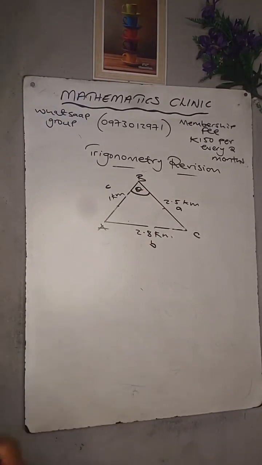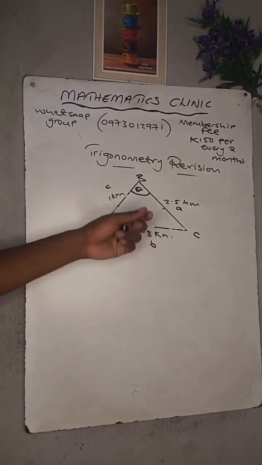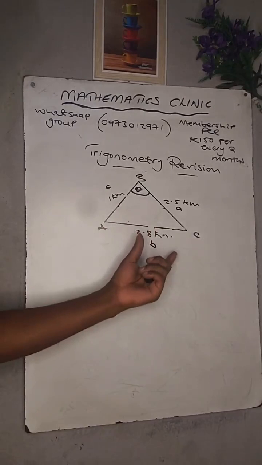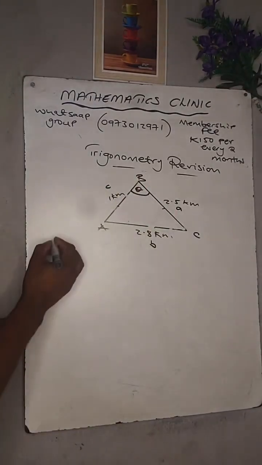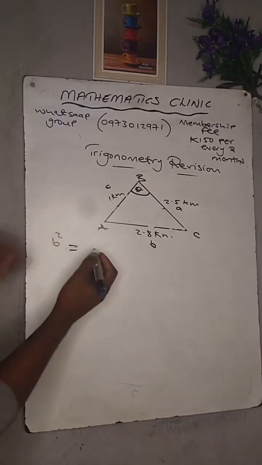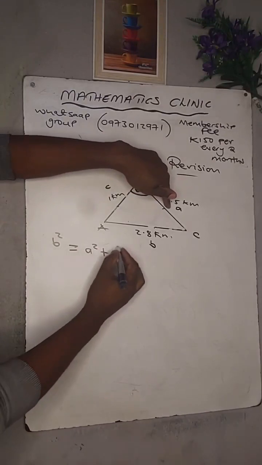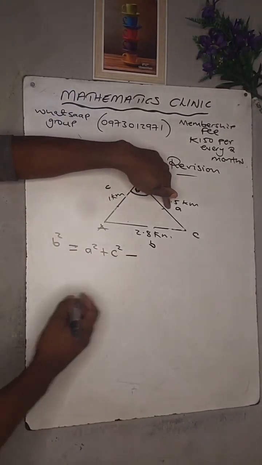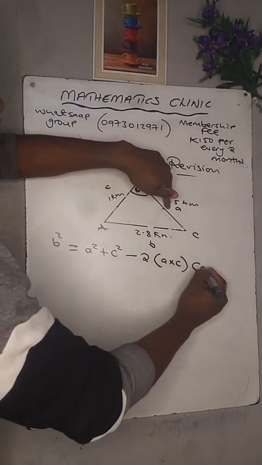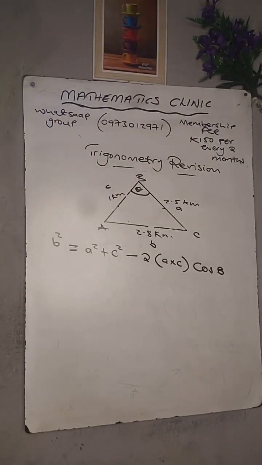So we bring in the formula for the cosine rule. I said you start with the side of the angle that you are looking for, either the side they're asking you to find, or the angle. You start with the one that you have issues with. So we say B squared is equal to, then you pick the other two sides: A squared plus C squared minus 2, open bracket, A times C cos B. In this case, it is our theta that we are finding.